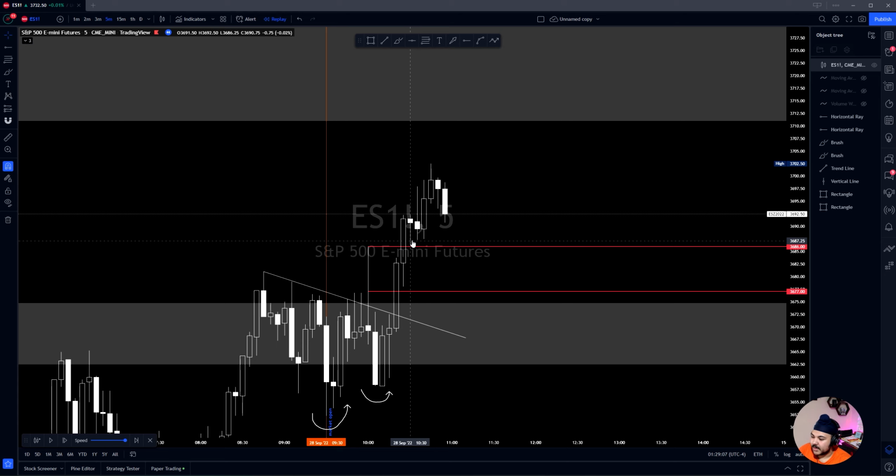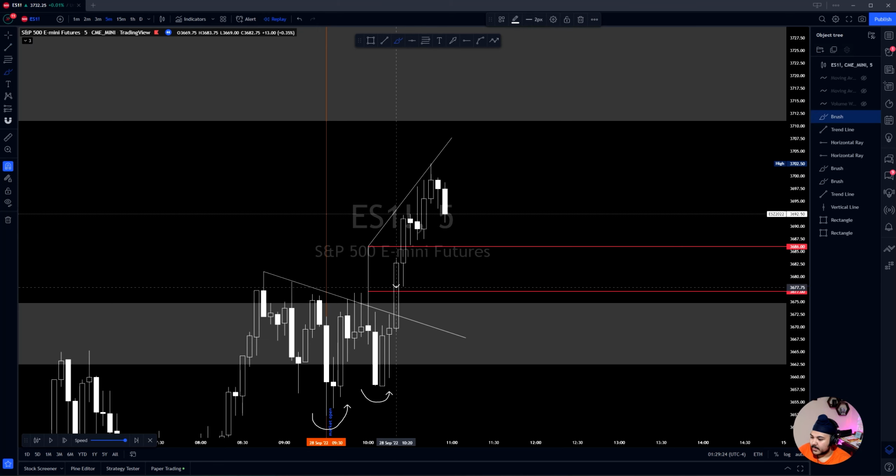Each time I'm seeing buyers slowly step in on the 5-minute candles, we make a new high on this candle, pull back a little, then we make a new high off this candle. We're making higher highs, and every single low that we're putting in is higher than the previous one, right? So what does that tell me? That tells me we're in an uptrend, so my calls should be making money.